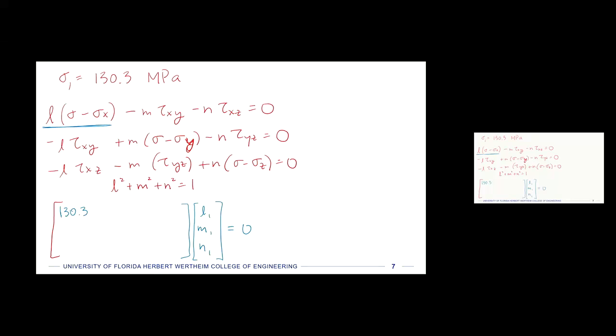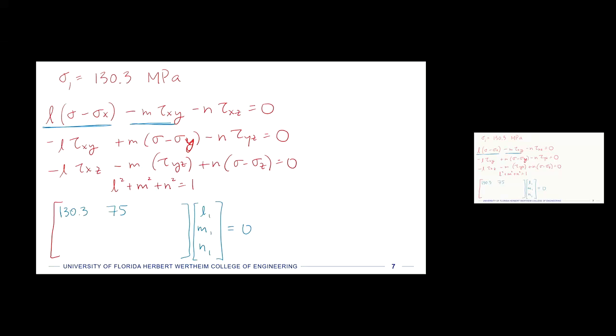The second term on the top is this minus m times tau xy. So we just have to put in minus tau xy. Let me make sure I get this right. Our tau xy is minus 75, so then we put 75 here in the middle.